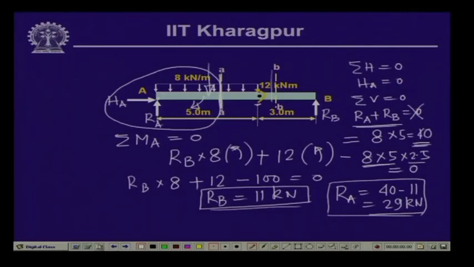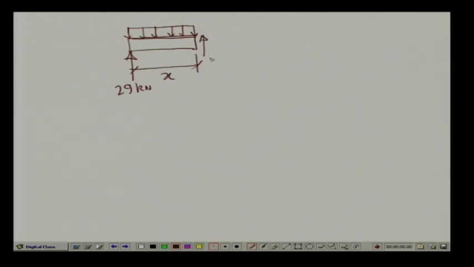Now, if we do that, the free body diagram of the left hand part is: here we have R A, which is 29 kilonewton, we have the uniformly distributed load, which is 8 kilonewton per meter, and this is the distance, which we call a variable distance x, and here we have the stress resultants V and bending moment M. This is the section AA.